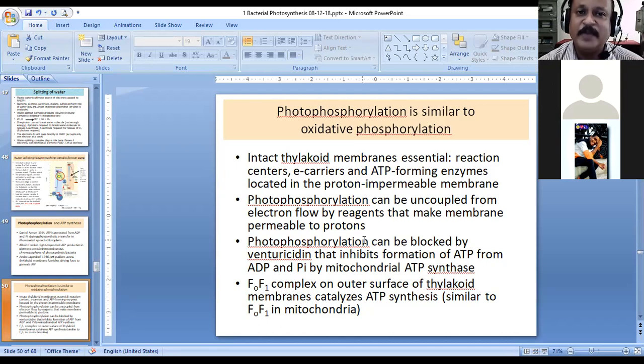But if the membrane is damaged by some reagents, if the membrane is made more porous or it becomes a leaky membrane, then the ATP generation will not take place, although the electron transport will continue to happen, and probably NADH and NADPH will still be made. But ATP synthesis will not take place, and therefore this is called an uncoupling reaction, or uncoupling of the two reactions.